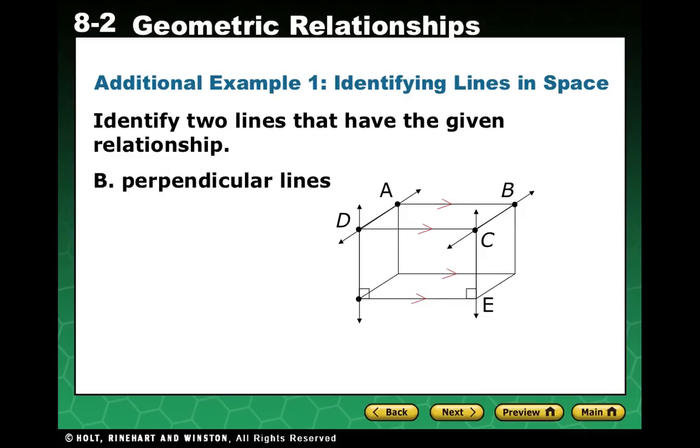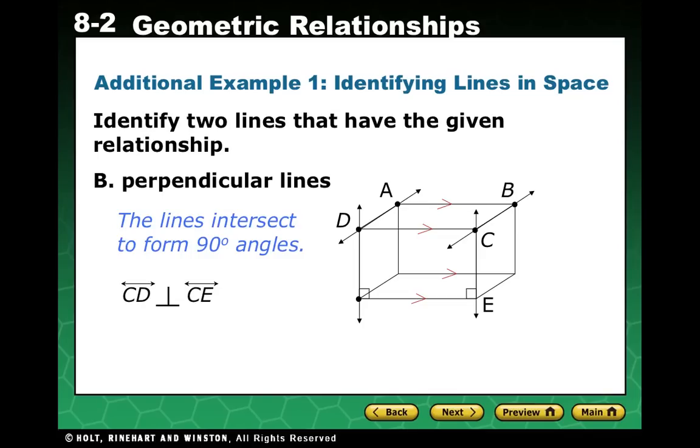Perpendicular lines, so you're looking for your 90-degree angle here. So you're looking for line CD. CD is perpendicular to CE.